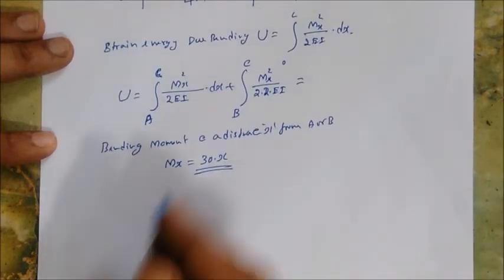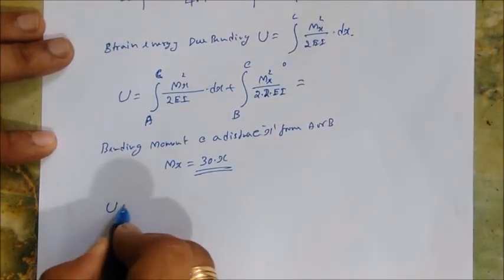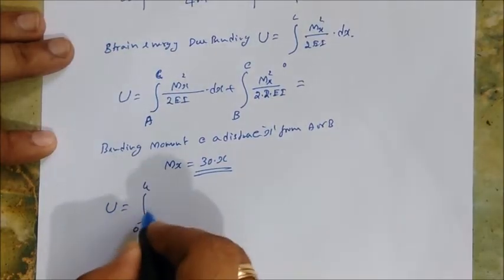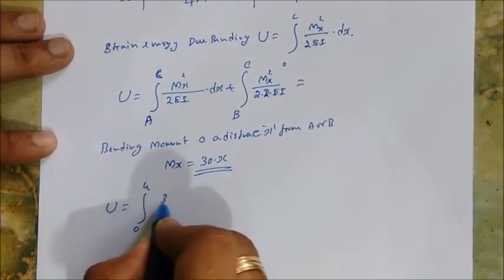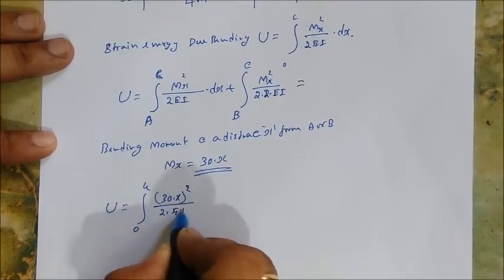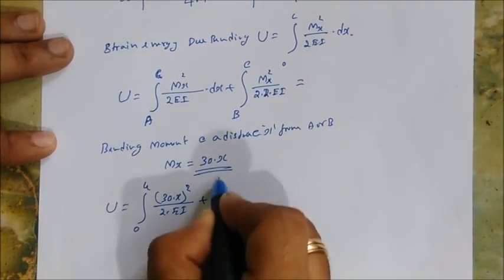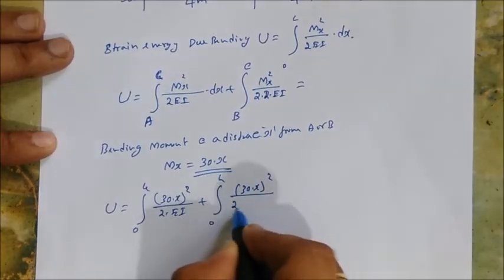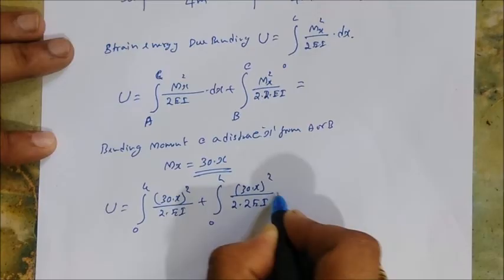Okay, now let's substitute that, so you will get the total strain energy. It is integration 0 to 4 of M square, which is 30 into x whole square, divided by 2 EI, plus integration 0 to 4 of 30 into x whole square divided by 2 into 2 EI.